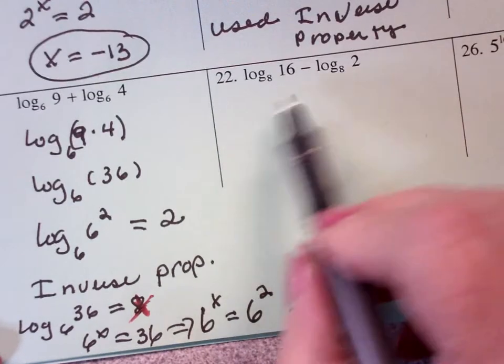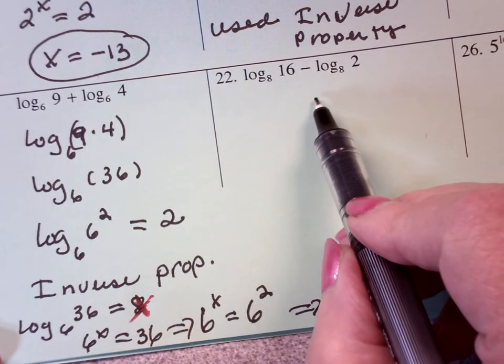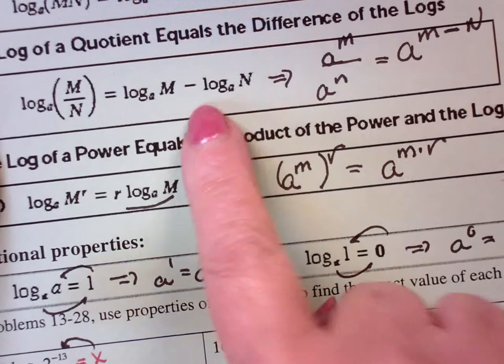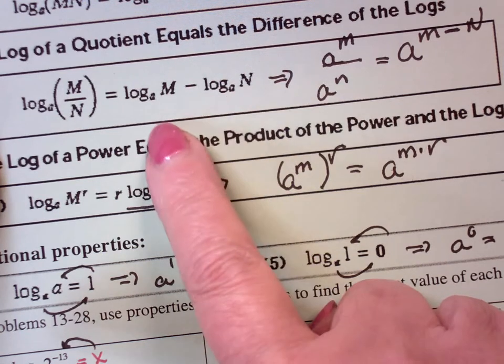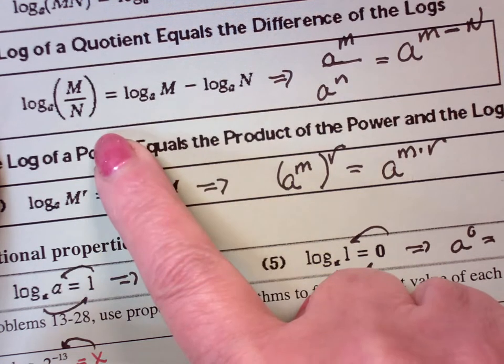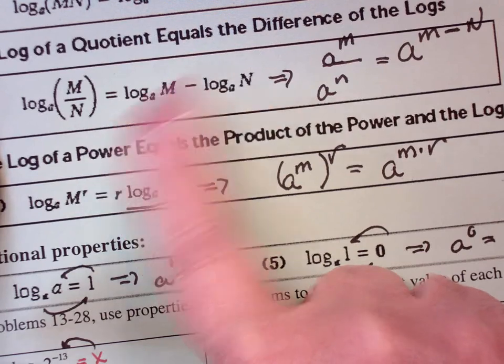This says log base 8 of, now this is going to be the second property. I have a subtraction, and if the bases are the same, it says that the argument turns into a division because of this minus sign.